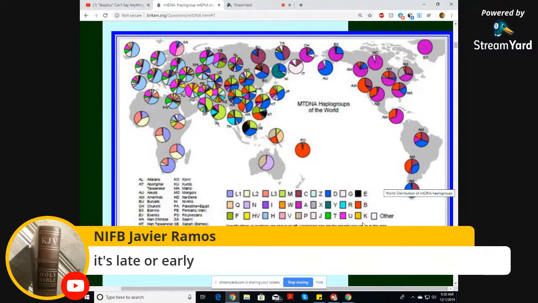The K is Semitic, is Jewish, and also this H seems to be Jewish, but maybe it's Ruth or something. As far as I know, could be like the mtDNA of Ruth. But anyways, the K seems to be, what is it?